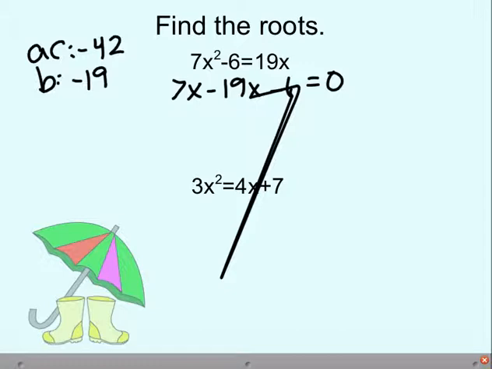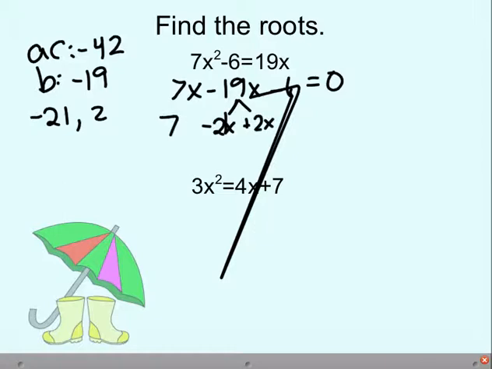Well, if we think about it, 1 and 42 is not going to work. 2 and 21, well, maybe one of them is negative. What if we have a -21 and a +2? That would equal -42 when I multiply, and it does add to -19, which means we split this middle term into -21x and +2x.